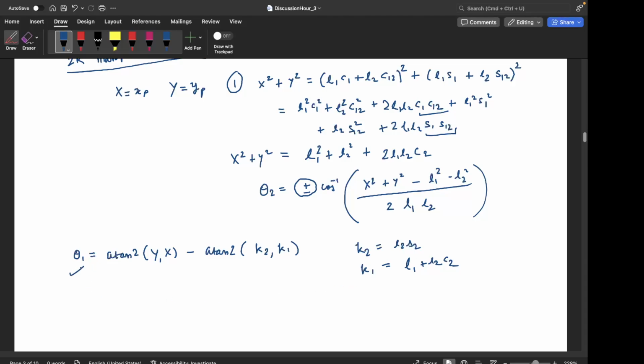So this gives theta 1. Once we know theta 2, we can calculate the value of theta 1.